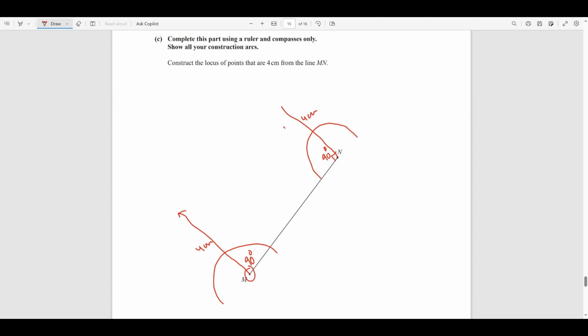Put your needle on M and make another arc of 4 centimeters, and then connect these two. So basically we've made a rectangle. If you make a trapezium instead, this point will not be 4 centimeters perpendicularly away from the line MN, because the line segment MN stops at N, so any point other than this would not be acceptable.